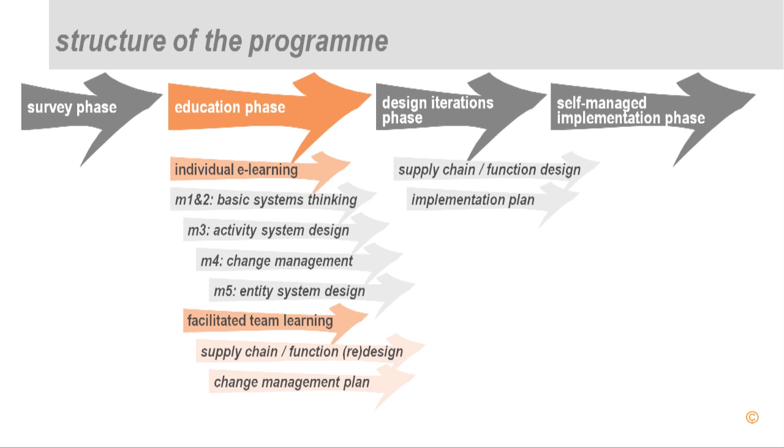This is Module 5 of the education program. They will apply the knowledge to the design of a public-private partnership associated with the section of the supply chain or function they have been concerned with.